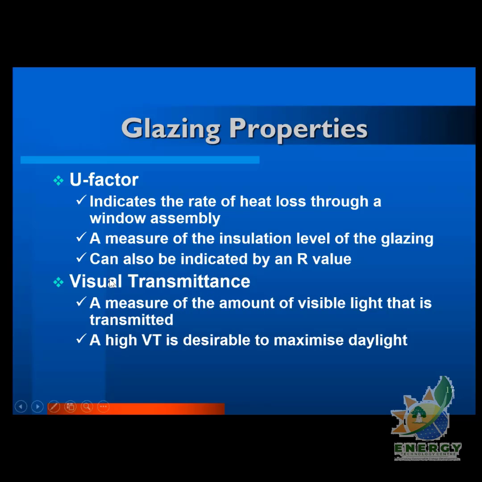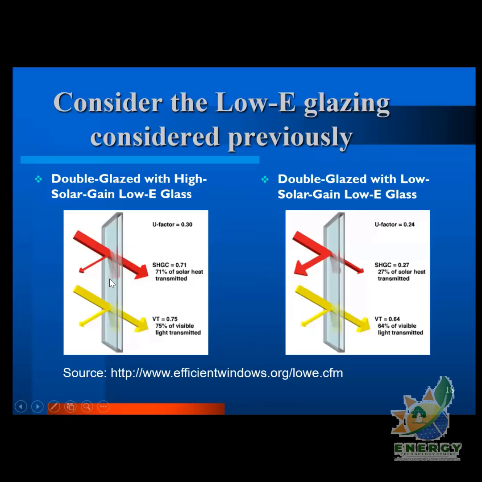So you have double glazing with high solar gain, in other words, low E glass that allows 70% of solar heat to be transmitted through the glass, and also about 75% of visible light to be transmitted through that.